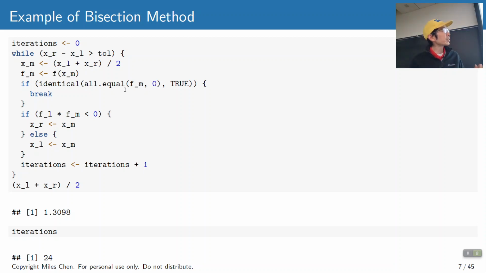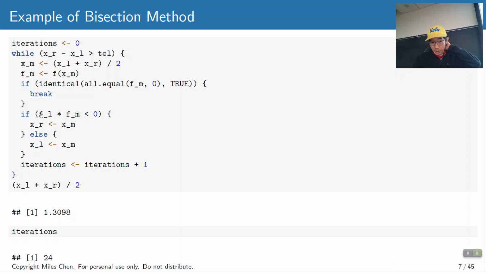And unfortunately, this function returns either true or a text string that says like relative error point, whatever, okay? And so here I'm basically saying is all equal, approximately equal to true or something else, and that's what the identical is, is it identical to true, yes or no? So this is going to be if the midpoint is approximately 0, we will break out of the loop. Otherwise, we'll keep going. Okay, so that's what this is. This line is just saying, hey, is f at the midpoint approximately 0 or not?